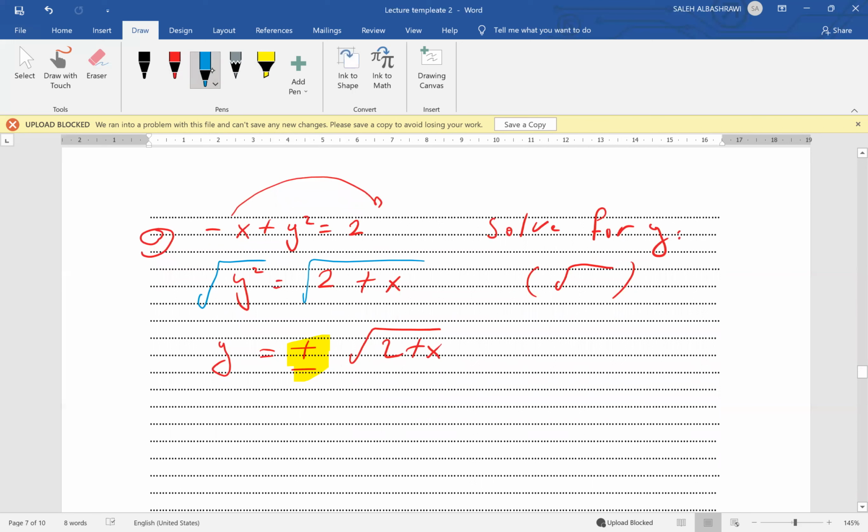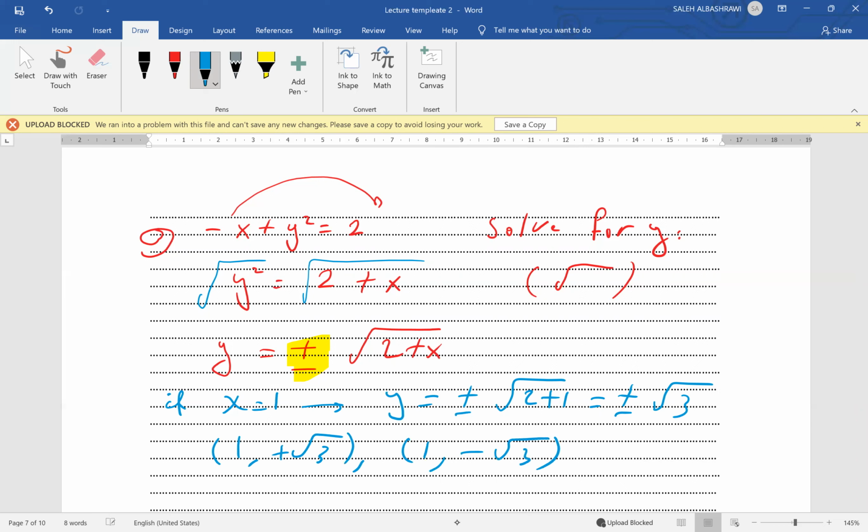For example, if x equal to 1, then y will be plus or minus the square root of 2 plus 1, equal to plus or minus the square root of 3. It means that in this relation I'm going to have 1 and plus square root of 3, and 1 and minus square root of 3.